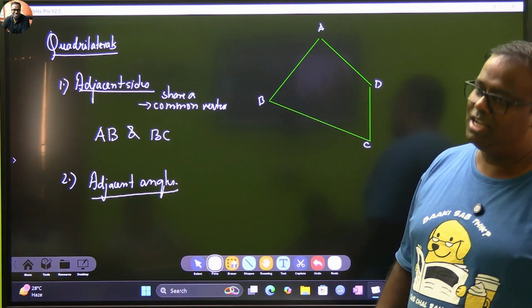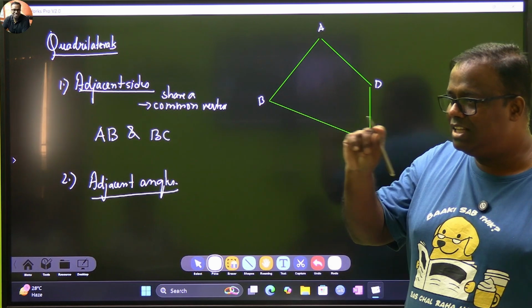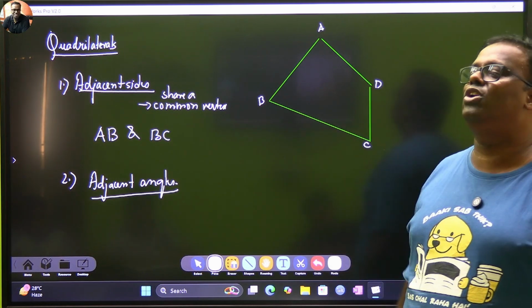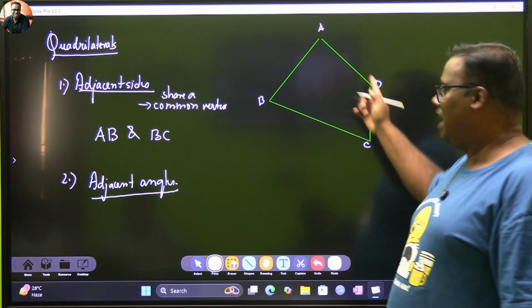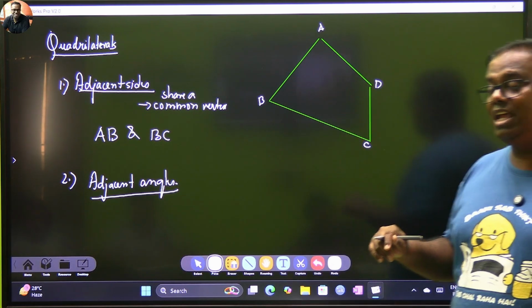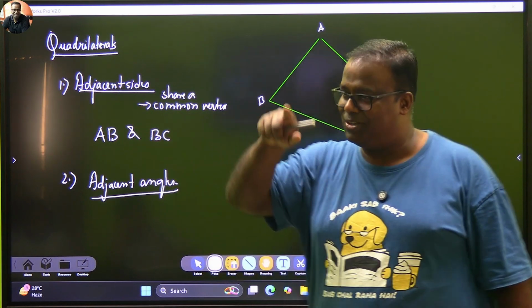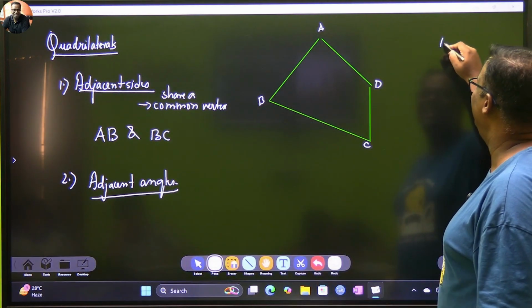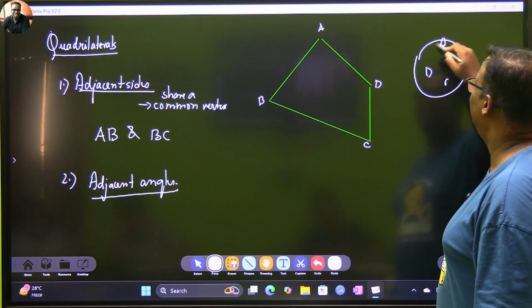Is BC a side? Okay. For adjacent angles, the angles should always be in chronological order. Like A and D. You will say, sir, A and D is not in chronological order, but in a loop, it is DA, chronological. Just see: A, B, C, D. If you go by a loop, then they are adjacent.